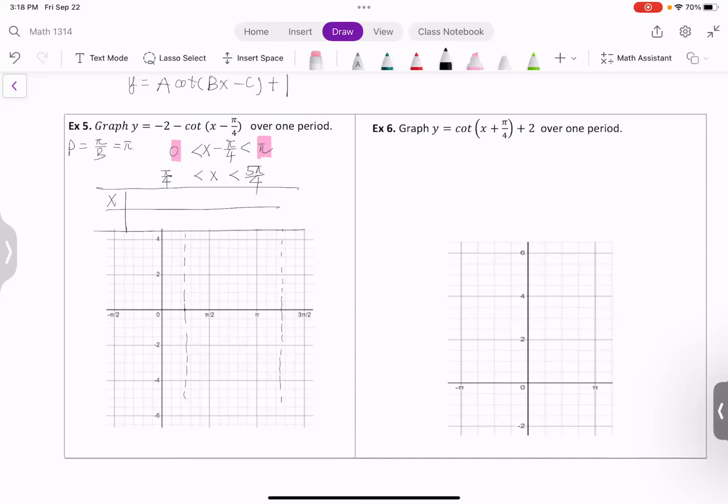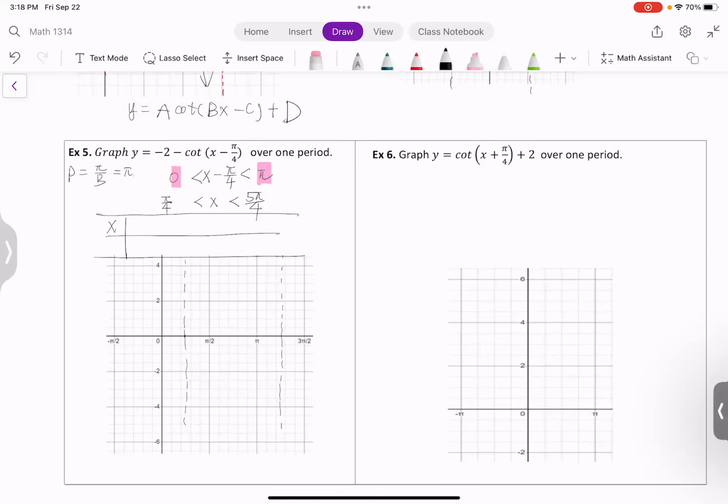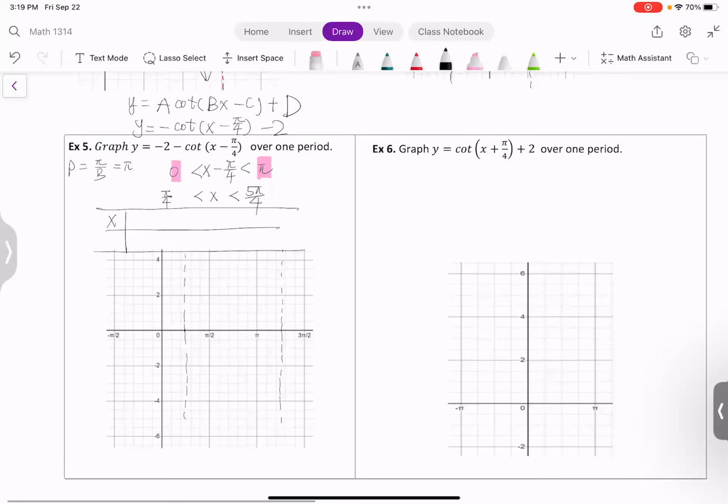So move the d to the end. That means I can rearrange it. So I'm having y equals negative cotangent of x minus pi over 4, minus 2. So you can identify the a, b, c, d.